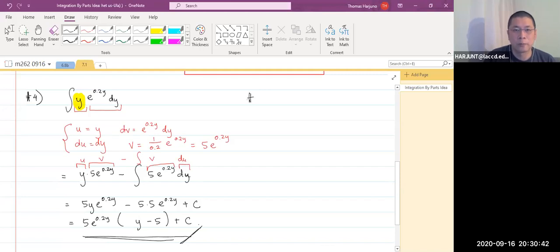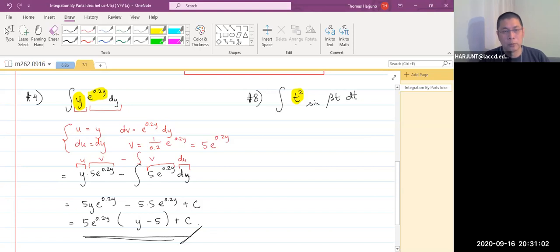Number 8, integral of t squared sine beta t dt. You will see a polynomial. If you have a polynomial with an exponential, then the polynomial will be your u, because for an exponential function, however you do the derivative, it will not go down to 0. Likewise, in this number 8, you have a polynomial and trigonometry.